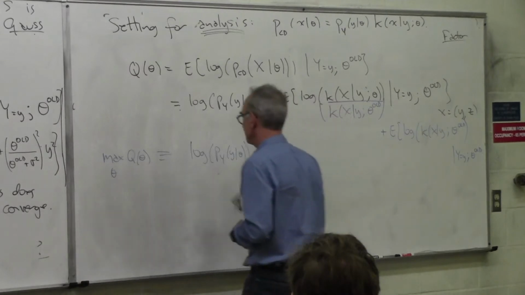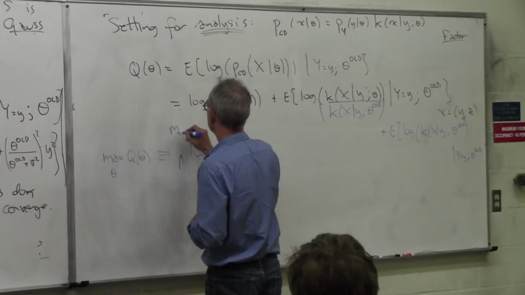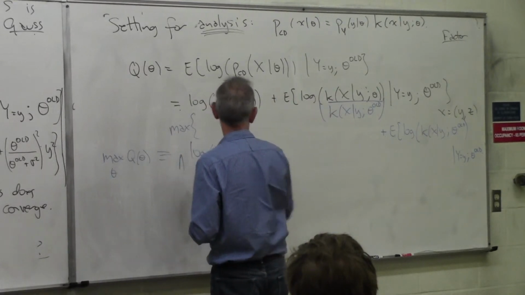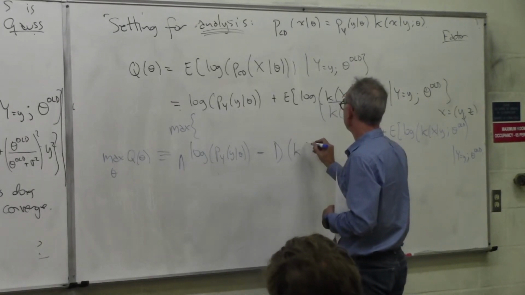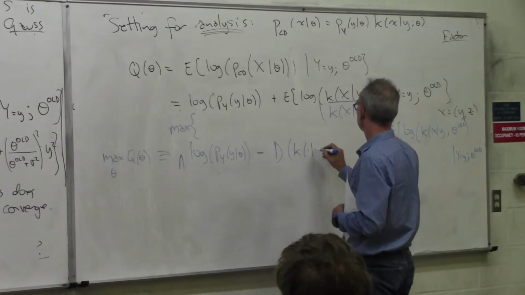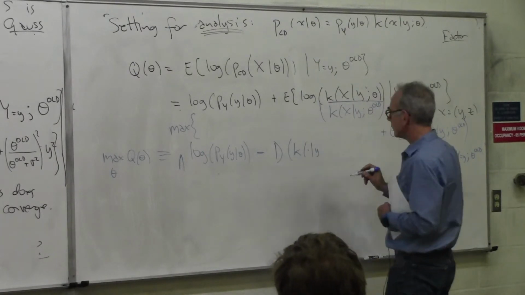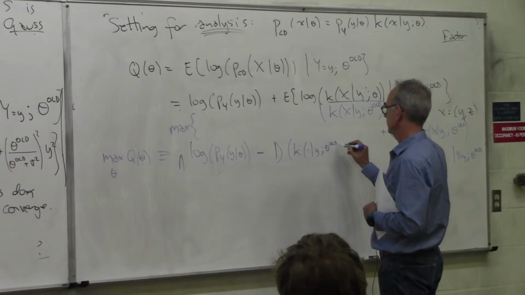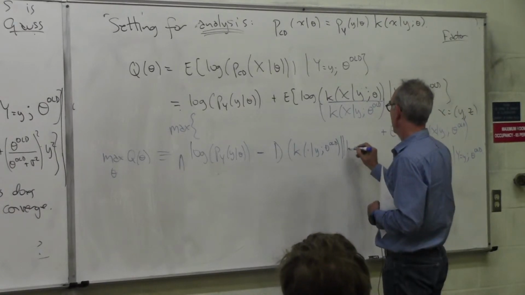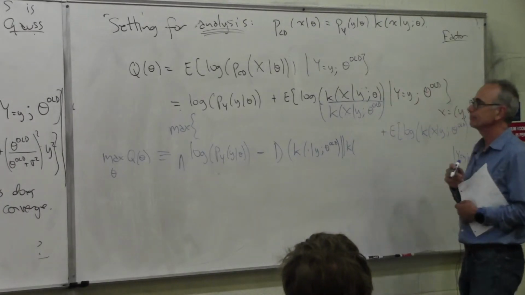I've got to maximize this, which is minus the relative entropy between K with theta old and this other guy here.